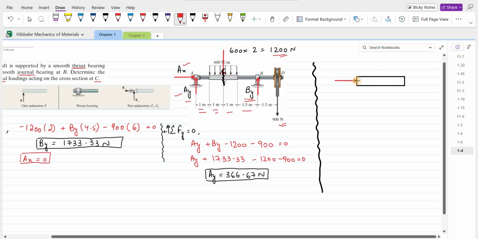This is the support reaction AX, this is the support reaction AY, this is the distributed loading.